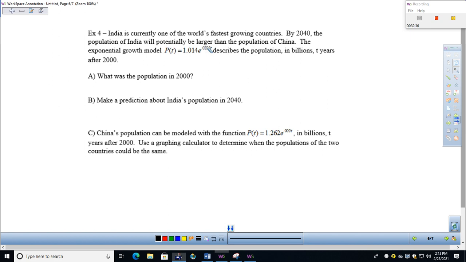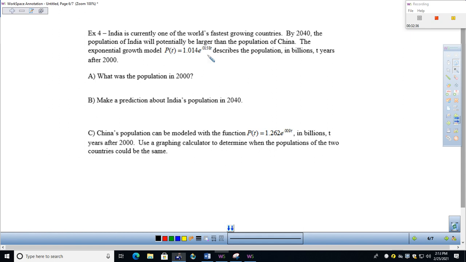All right, example 4. India is currently one of the world's fastest growing countries. By 2040, the population of India will potentially be larger than the population of China. The exponential growth model, P of t equals 1.014 times e raised to the 0.0158t, describes the population in billions t years after 2000.